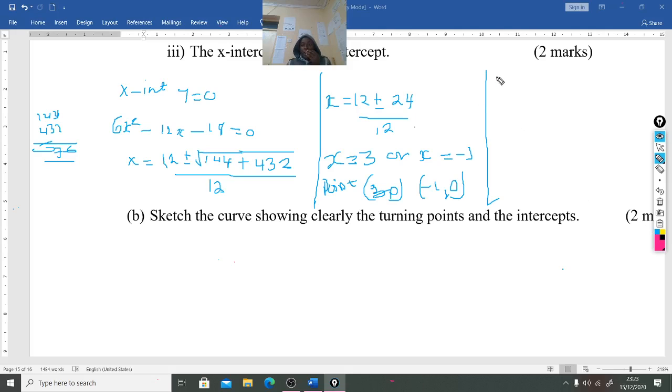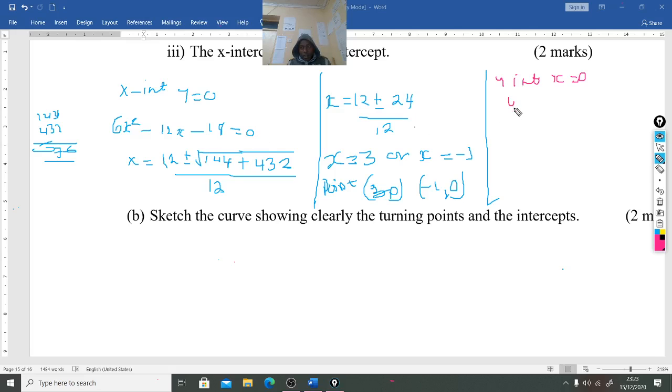And the y-intercept: at the y-intercept, x is 0. So in the equation, if I substitute x with 0, we shall remain with the negative, y equals negative 18.